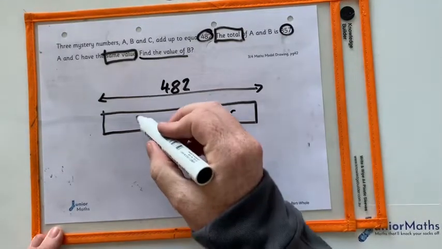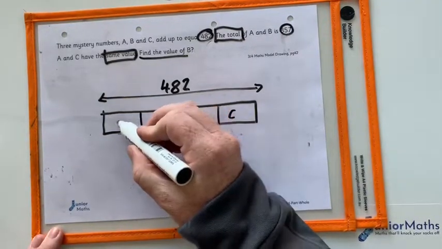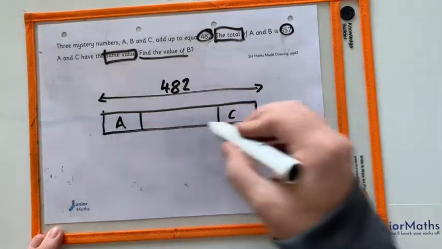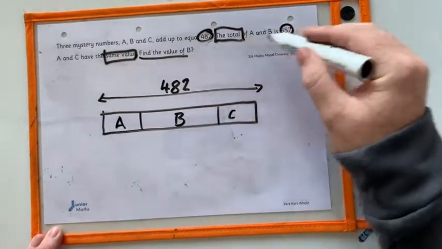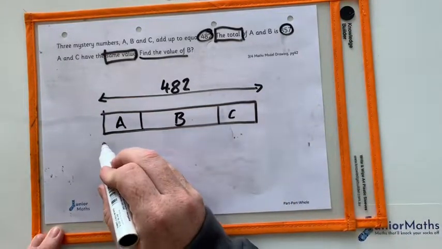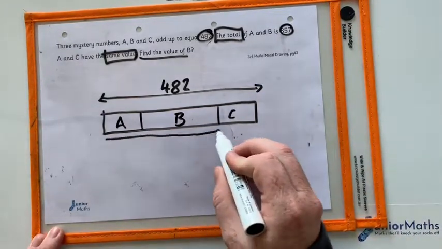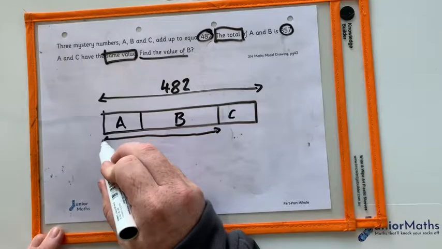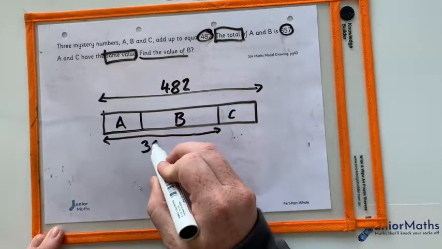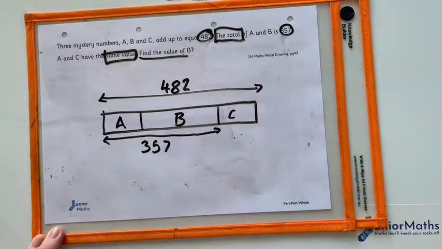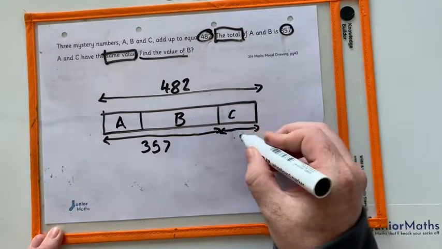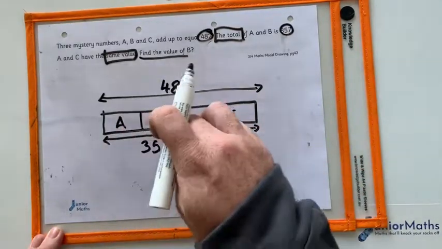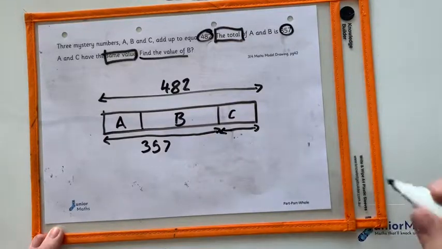A and C have the same value. So now, A and B equals 357. And we need to find the mystery value of C to find out the value of B.